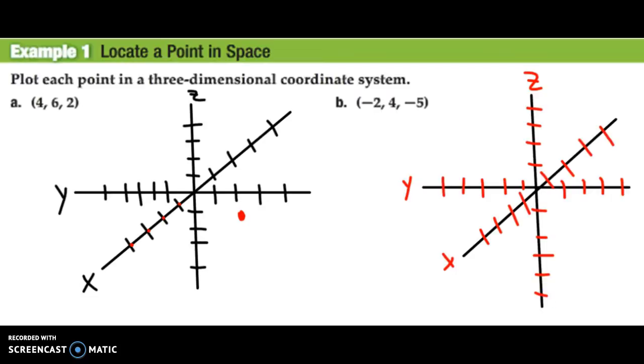So if I'm going to plot my point, -2 would mean I go back 2, then I go over 4 to the right, so 1, 2, 3, and here's 4, and then down 5. So 1, 2, 3, 4, 5 is going to be right here. So remember, I first went back 2, then to the right 4, and then down 5. And here's my point right here. And I'd label it as -2, 4, -5.